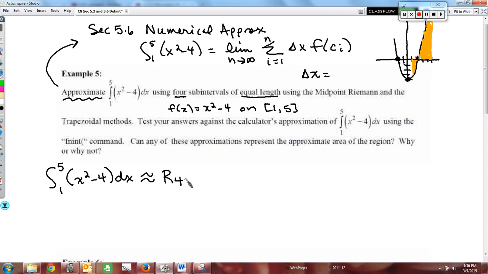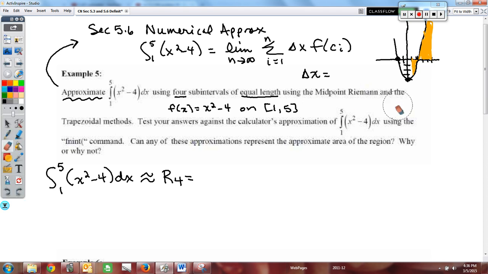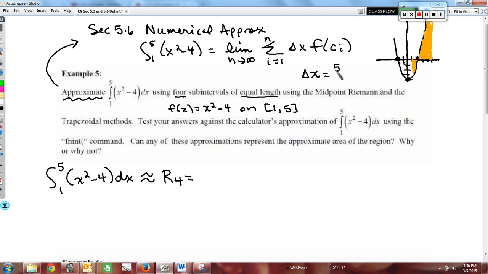Now, to set this up, what we're going to do is we need our delta x. So delta x, well I started it right there, so let's erase here, is going to be 5 minus 1 over my n, which is 4. So this is going to be 4 over 4 or 1, so delta x is 1. And then we need to get our right endpoint, so maybe I'll list those over here.